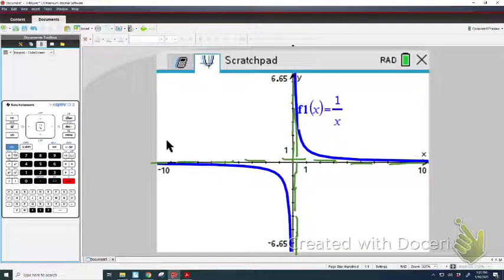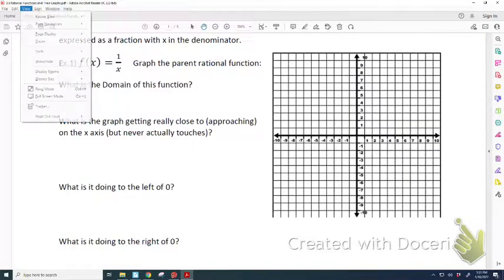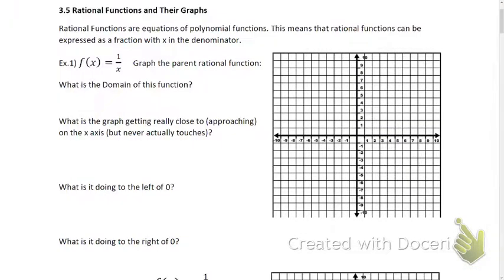In the next question, well, first let's graph it on the other page. So domain was any real number except 0, and our graph looks something like this.